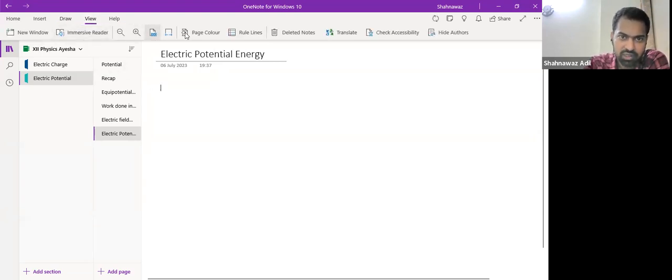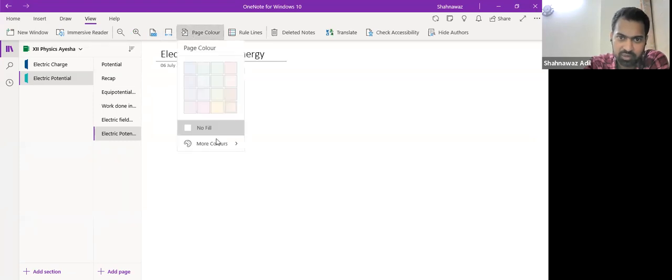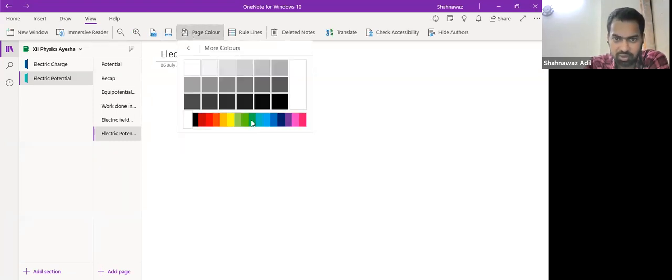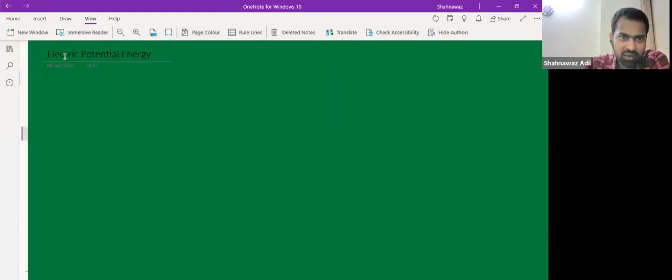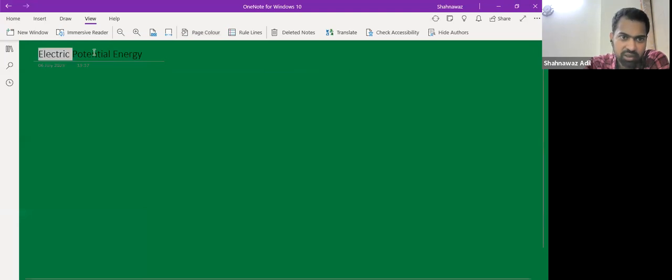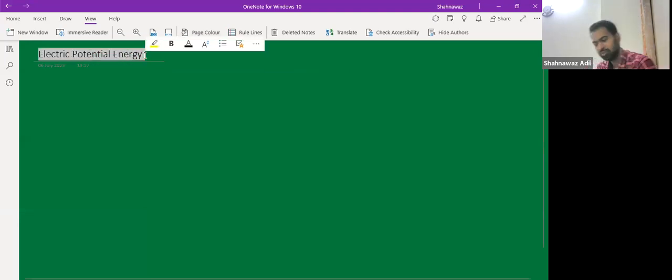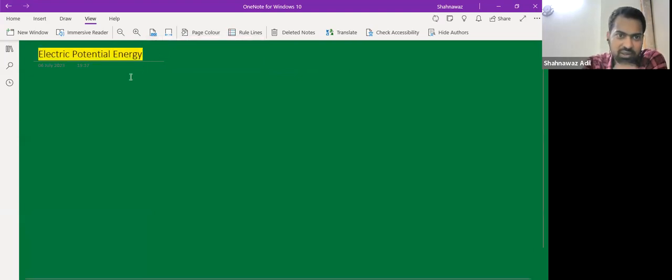So what is that? We learned about electric potential. We learned about work done, right? So in the 11th class, we have learned about the work energy theorem, right? So change in kinetic energy or change in potential energy gives you the work done, right?